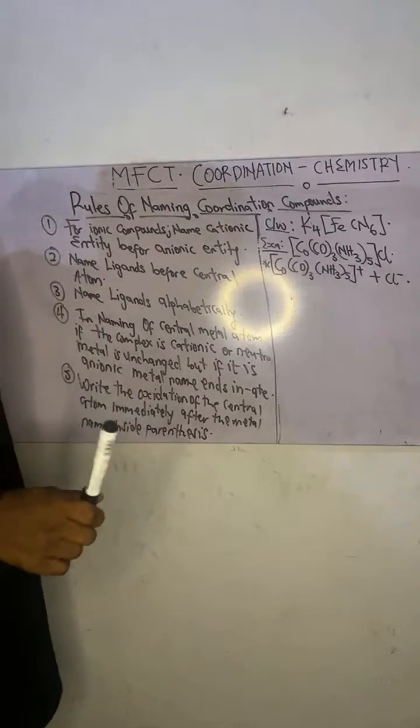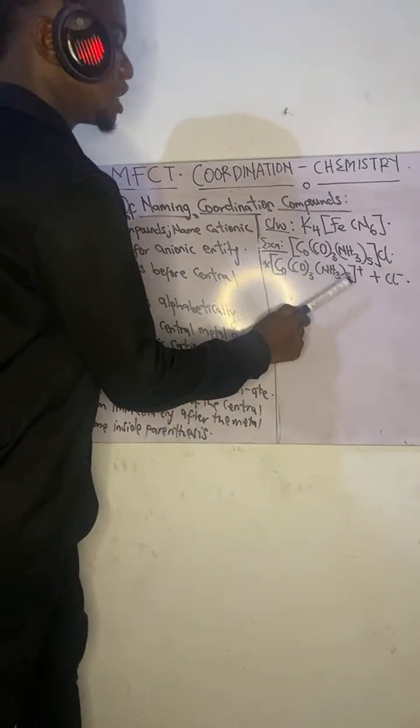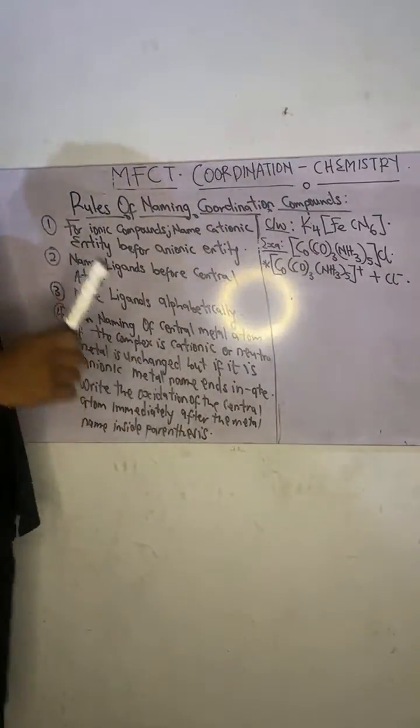The ligand name for CO is carbonyl. The ligand name of NH3 is amine. Alphabetically, amine comes first before carbonyl, so we name amine before carbonyl.